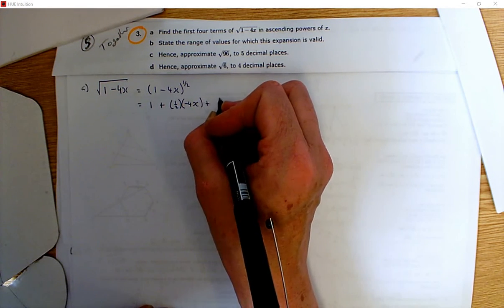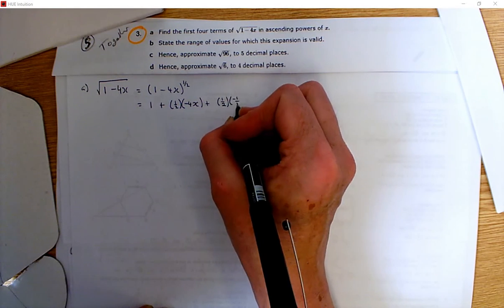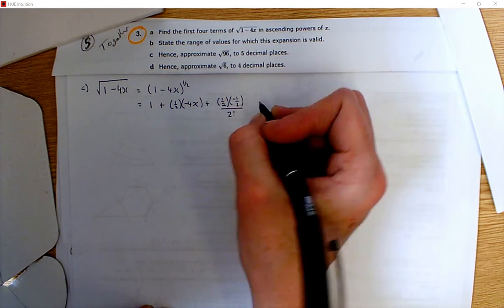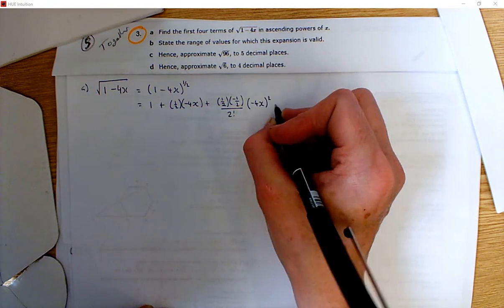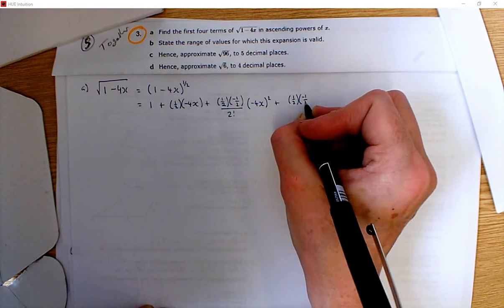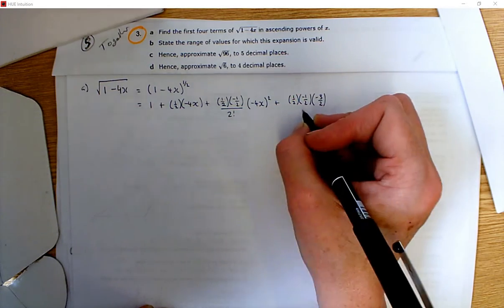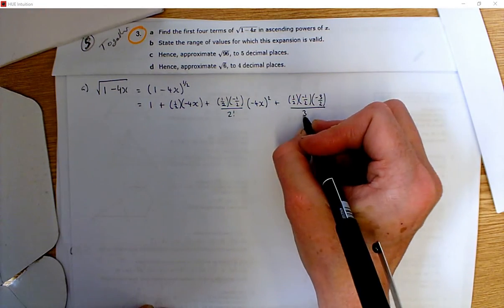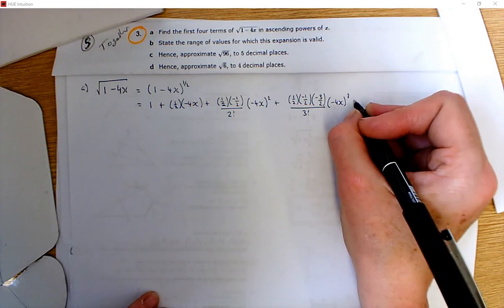Then the next term we have n, which is a half, times n minus 1 over 2 factorial times our x, and then we've got n times n minus 1 times n minus 2 over 3 factorial times our x cubed.